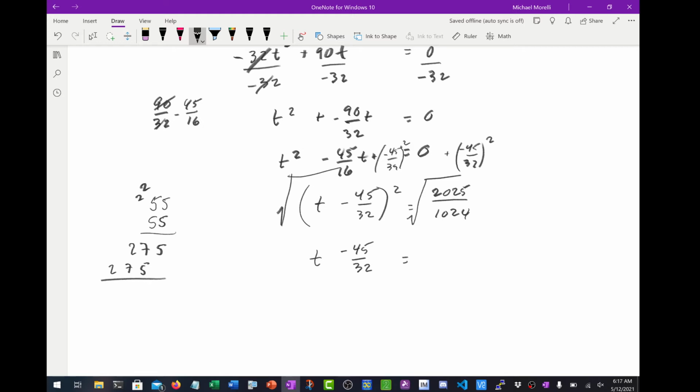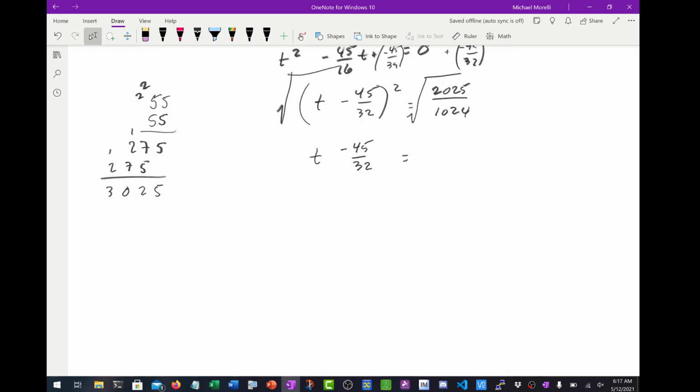Oh man, so I got too big here. Is that really 3025? Let's see. Maybe I'm tripping myself out. I don't think so. That's 3025. What about 45 times 45? Oh, of course. I squared 45 to begin with. What am I doing?